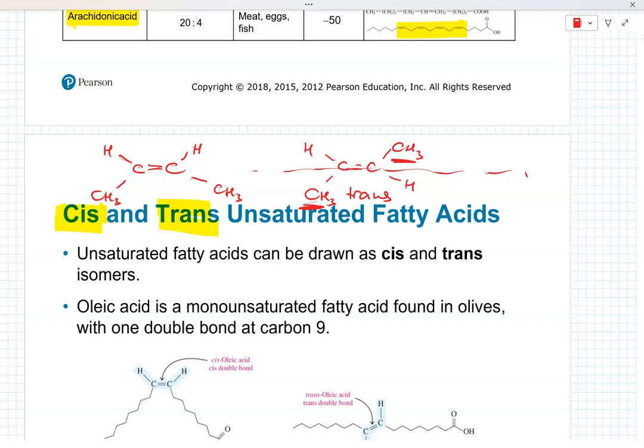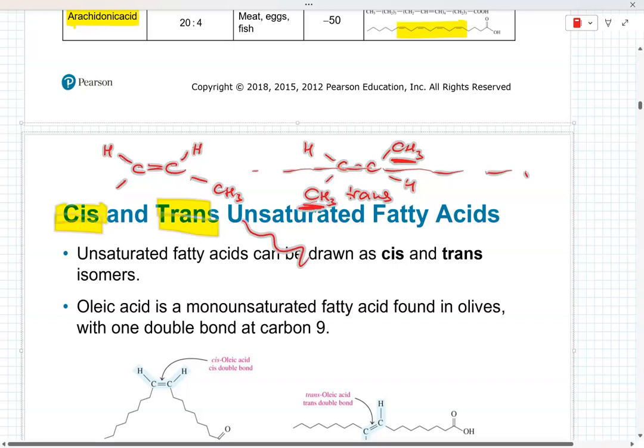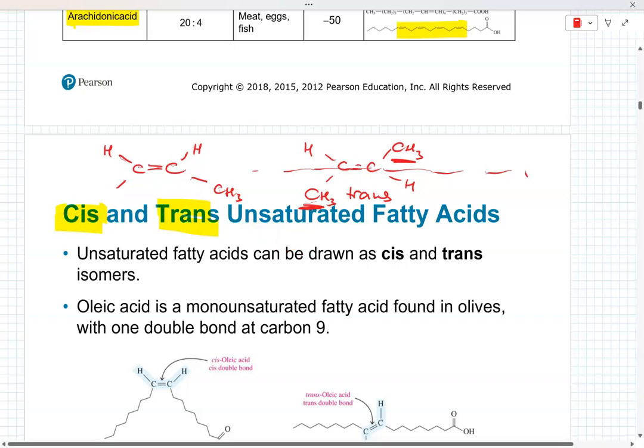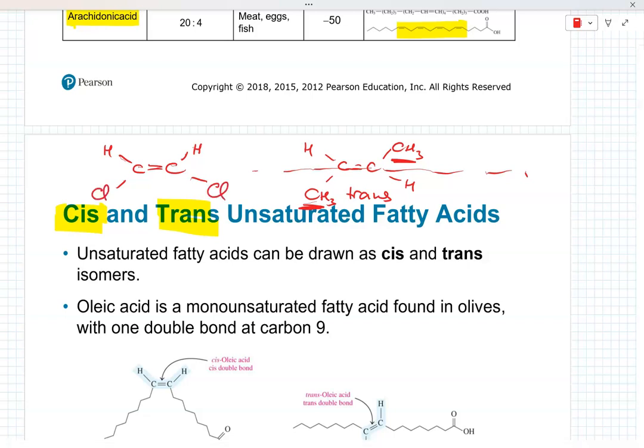So, if you put two substituents like methyl groups or chlorines on one side, like here in this image, at the bottom, you see?